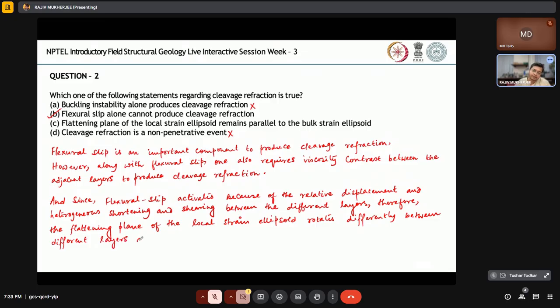And that is why the flattening planes of the local and the bulk strain ellipsoid are not parallel.